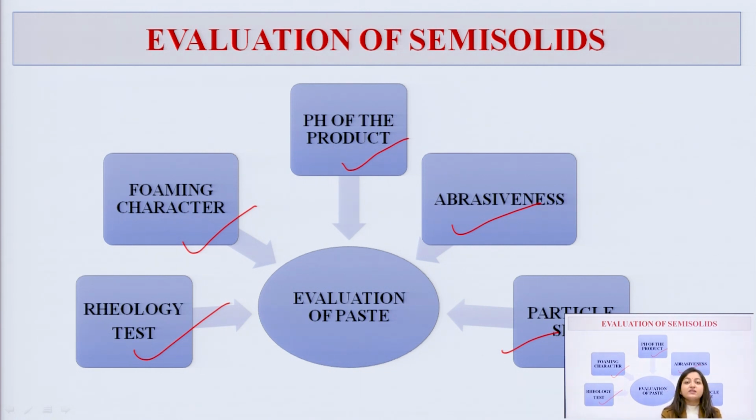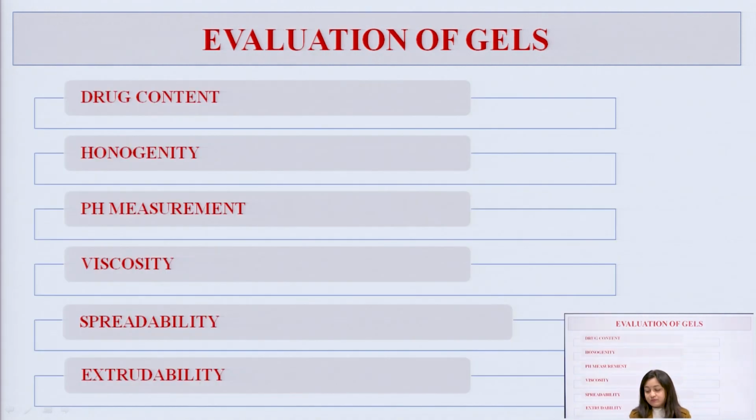Definitely that is a completely undesirable phenomenon if we talk about paste. So, we do not want formation of any clots, clumps, lumps or any sort of agglomerates. Hence, particle size has to be analyzed and kept in mind while formulating semi-solids.